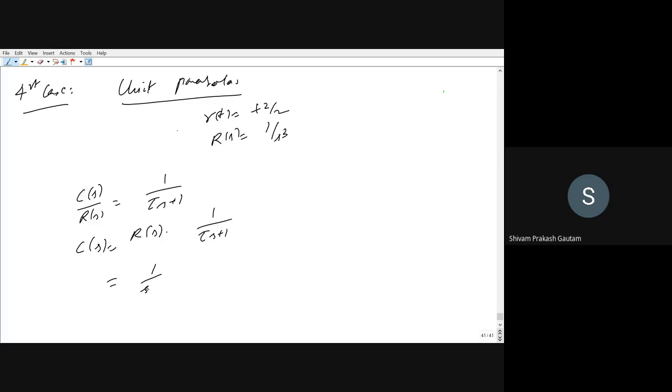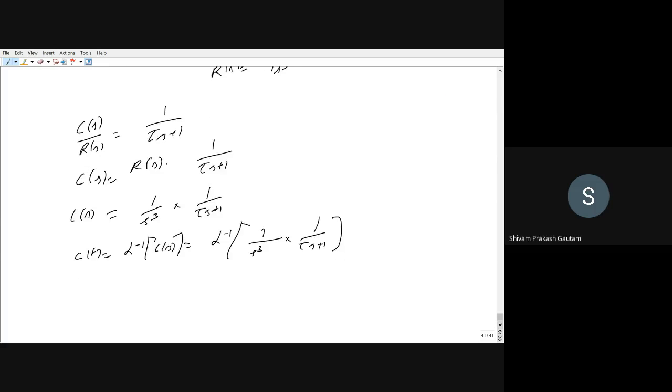Substitute the value of R(s), that is 1 upon s cube, multiplied by 1 upon tau s plus 1, C(s). Now you want to calculate C(t), that will be equal to Laplace inverse of C(s). That will be equal to Laplace inverse of 1 upon s cube multiplied by 1 upon tau s plus 1. Again, I will leave it up to you to calculate the Laplace inverse.